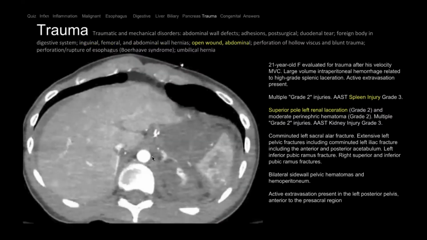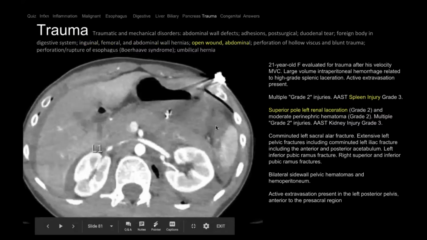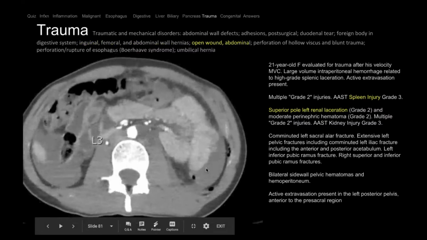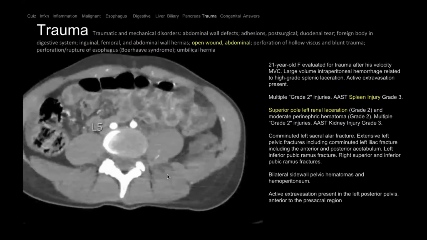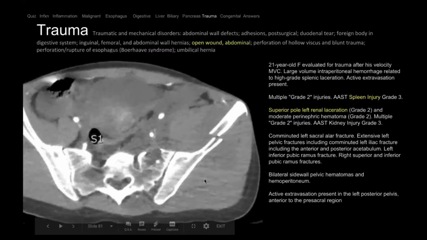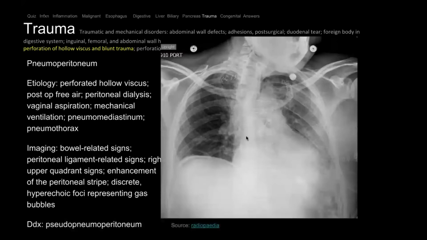So this patient has multiple injuries. So there's laceration of the kidney, there's a laceration of the spleen, and there's free hemoperitoneum and multiple pelvic and sacral fractures. So it's a high velocity injury with multiple organ and bone fractures.